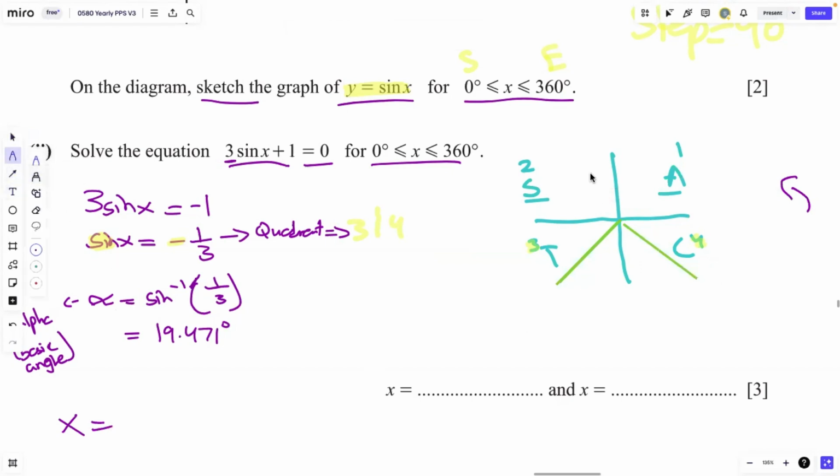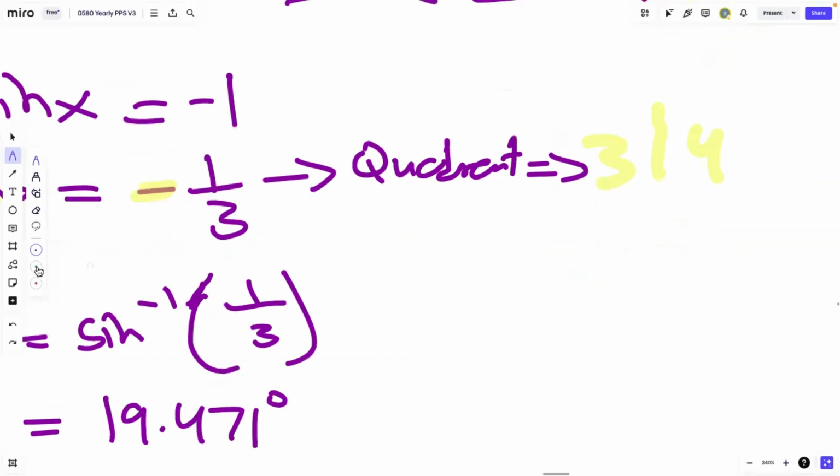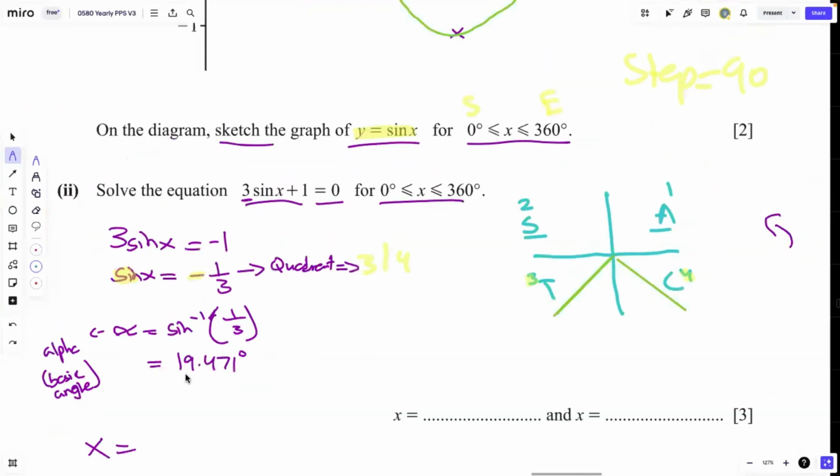So the first answer is gonna be when I travel from here to here, and this is just gonna be 180 plus. Okay, I think we did not mark the alpha, so let's mark that up first. That would be the more correct way of doing this. We mark the alpha that we have here.